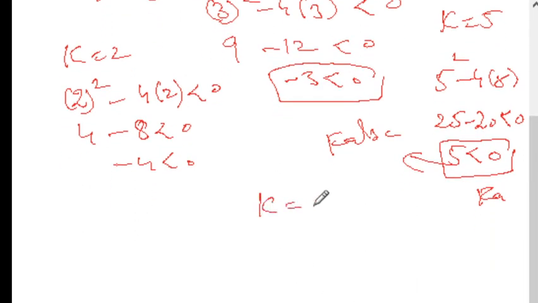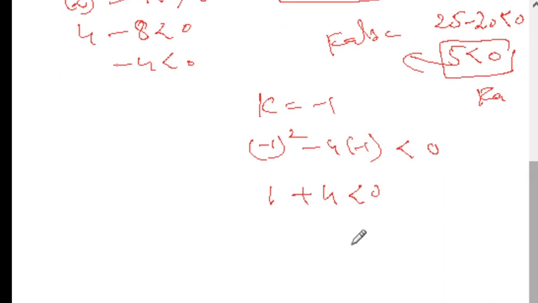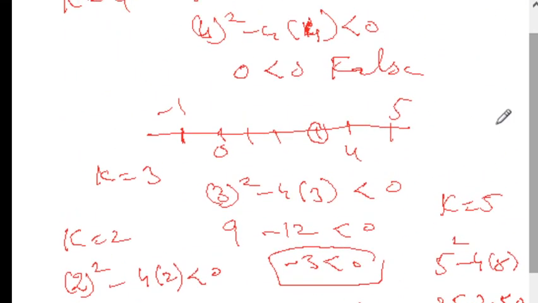Minus 1 whole square minus 4 into minus 1 is 1 plus 4, which is 5, less than 0, which is false. So the solution, the area which gives a true result, is between these two numbers.